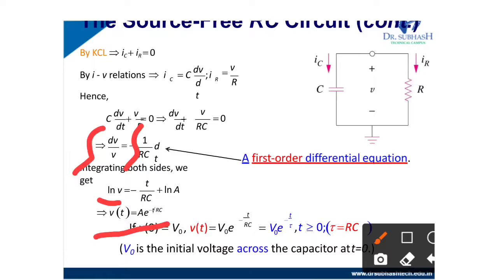Taking the anti-log on both sides, we finally get V of t equal to A e raised to minus t by RC.